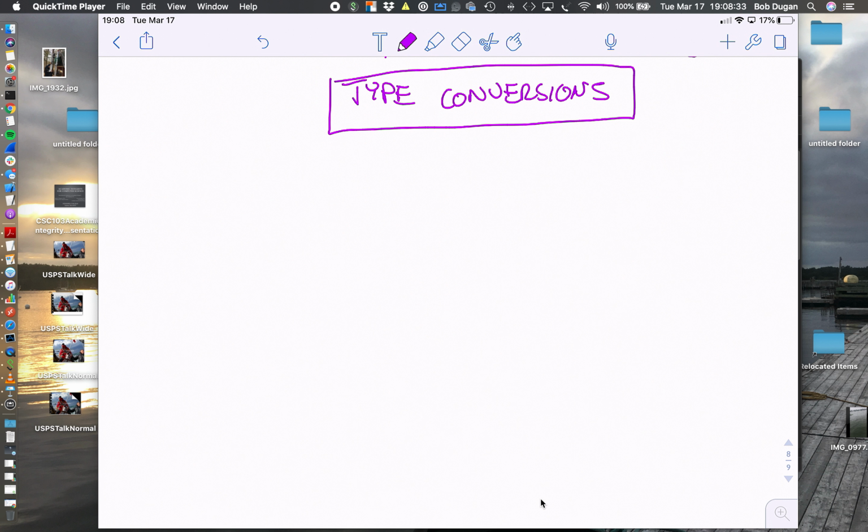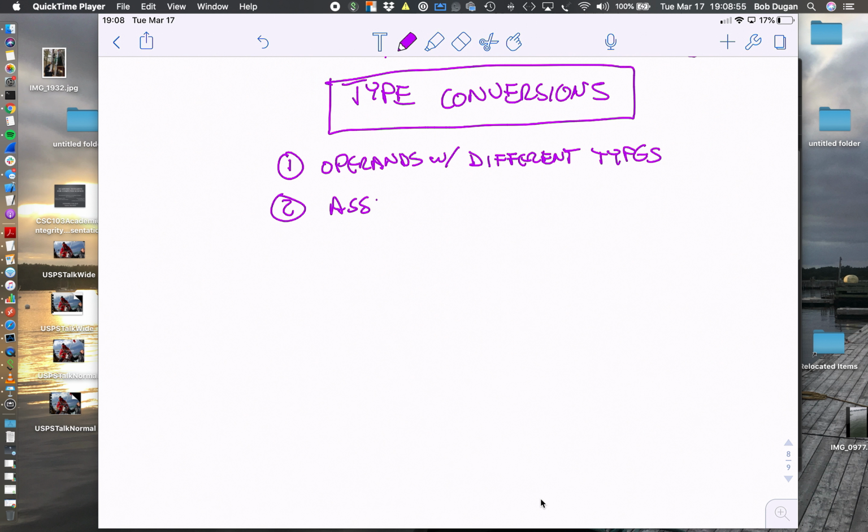Type conversions happen when you have operands with different types, or you have an assignment to a different type. So that makes sense. So in these two situations, basically, you might need type conversion.